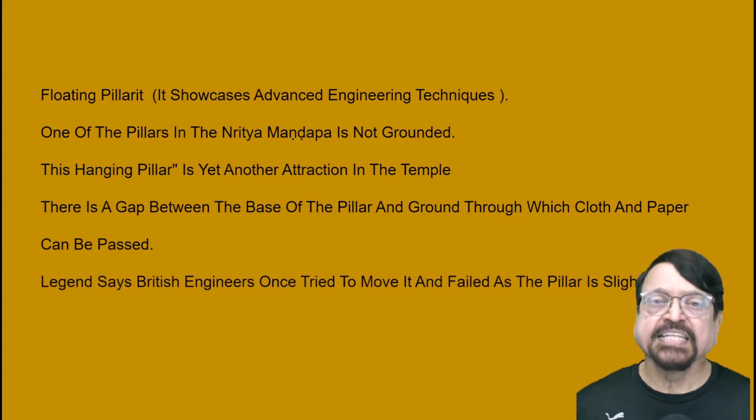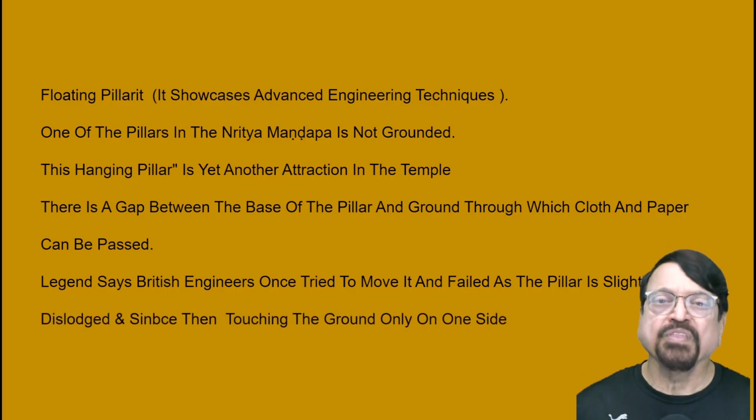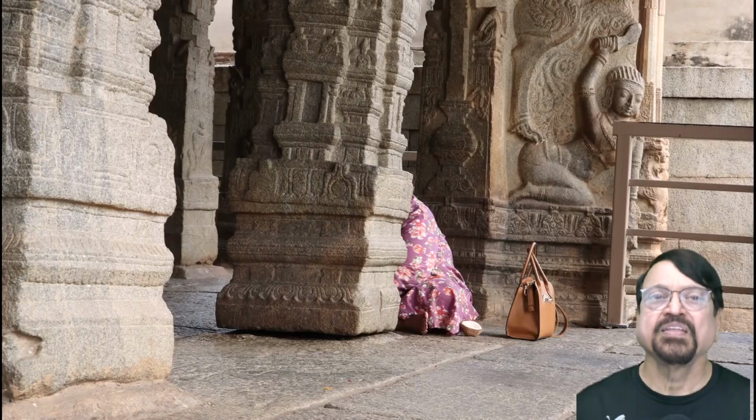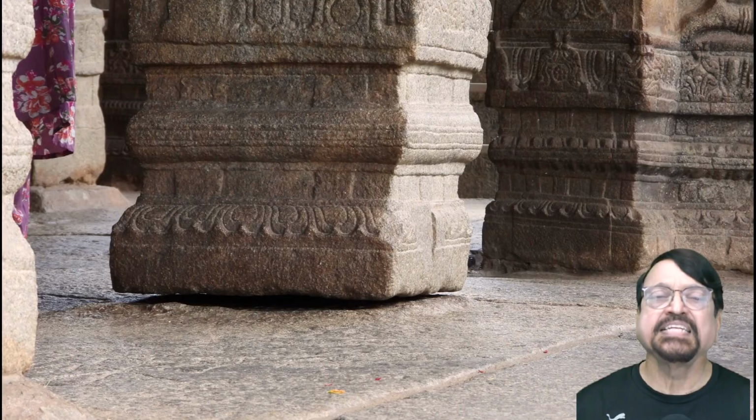You can pass a thin sheet of paper or thin cloth, and this we have demonstrated in our videography. We have also, with the help of camera, tried to go in the space between these two where it is hanging. Look at these beautiful sculptures. This is a hanging pillar.